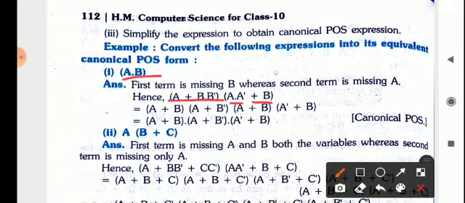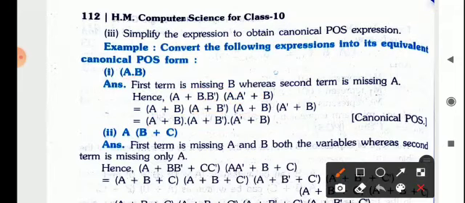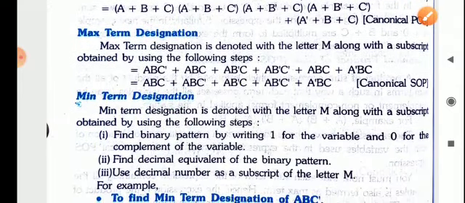Now expand it further: a plus b, a plus b complement, a plus b, and then a complement plus b. Now a plus b has been written twice, so you write it one time, because a plus b into a plus b is equivalent to a plus b only. Then dot a plus b complement, and then dot a complement plus b. So this is the canonical product of sum. Fine. So this is how you are going to do it.